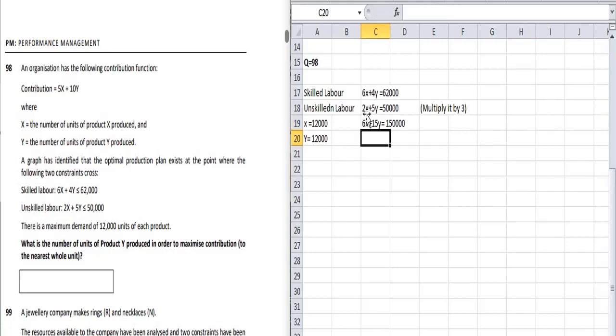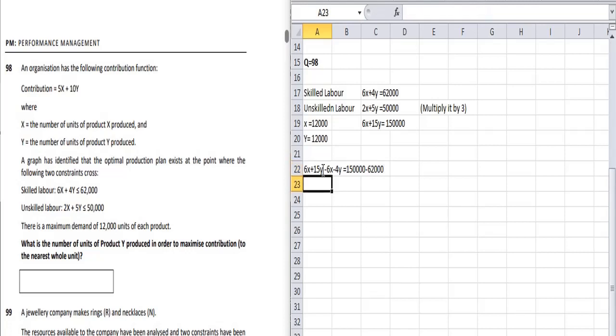Okay, so now I am subtracting the skilled labor equation from the unskilled labor equation. Again, I am repeating, I am subtracting skilled labor from unskilled. So the unskilled labor equation is 6x plus 15y, and subtracting the skilled one, so the bracket will open, it will be 4y now. 4y equal to 150,000 minus 62,000.